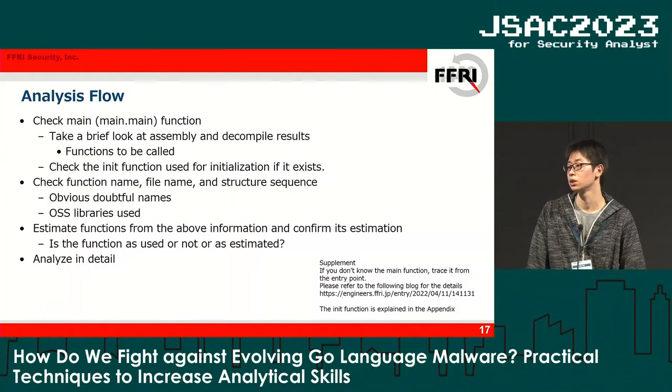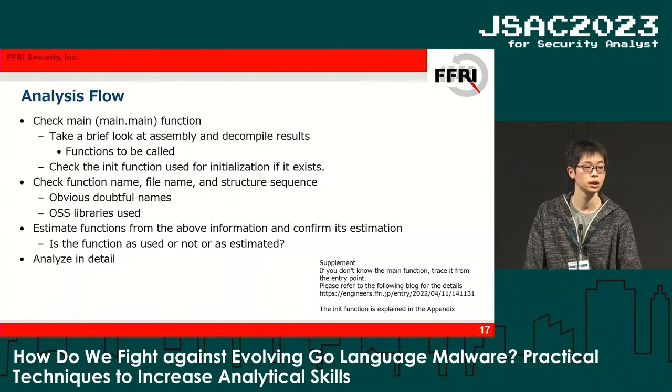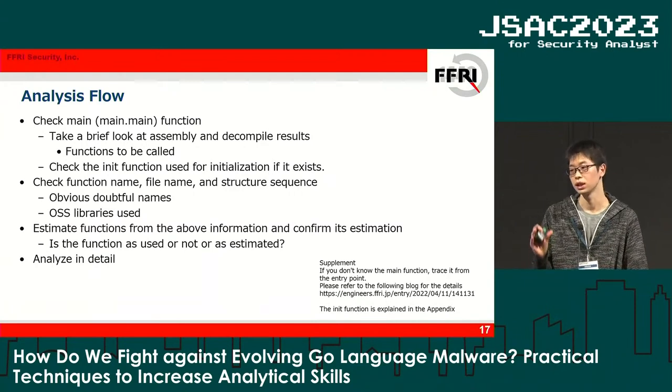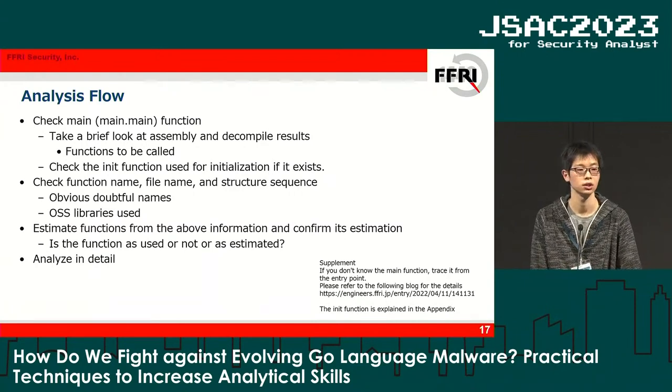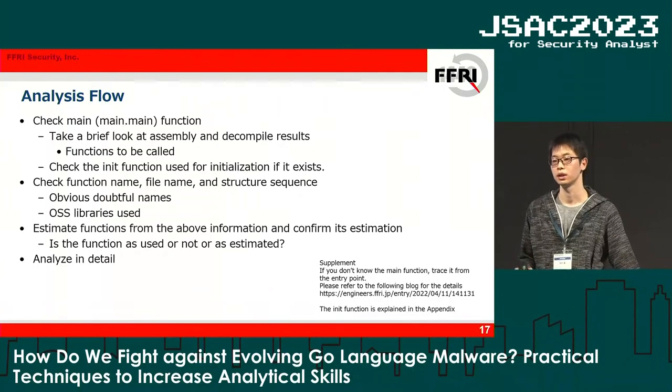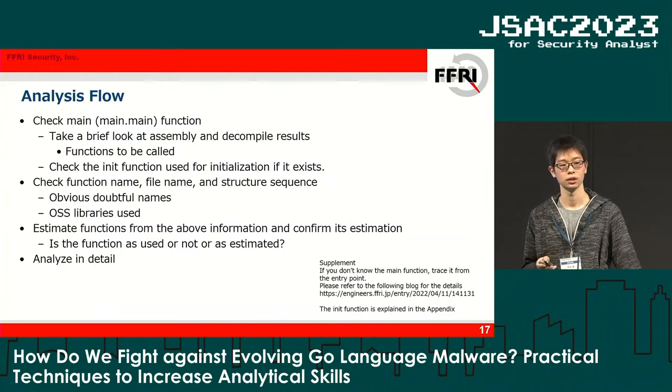When I analyze Go language malware, there is an analysis flow that I'd like to introduce partially. In the beginning, depending on the tool, the function names are taken. Therefore, the main function is identified, so we can see what sort of functions are called from main. After that, the names of functions, file names, and information on structures can be taken by the tool, and we have to confirm them.